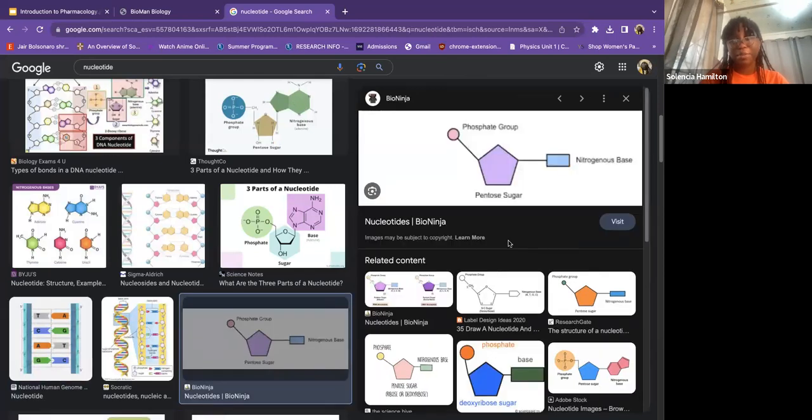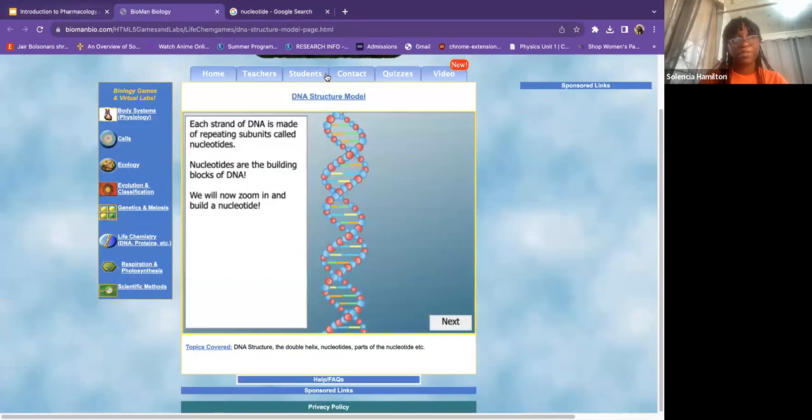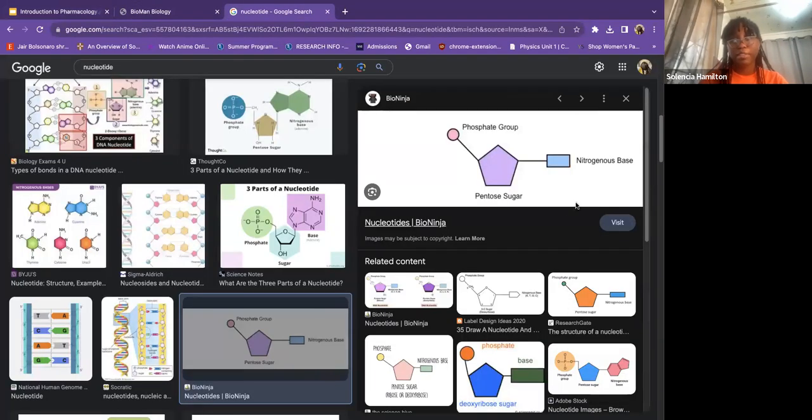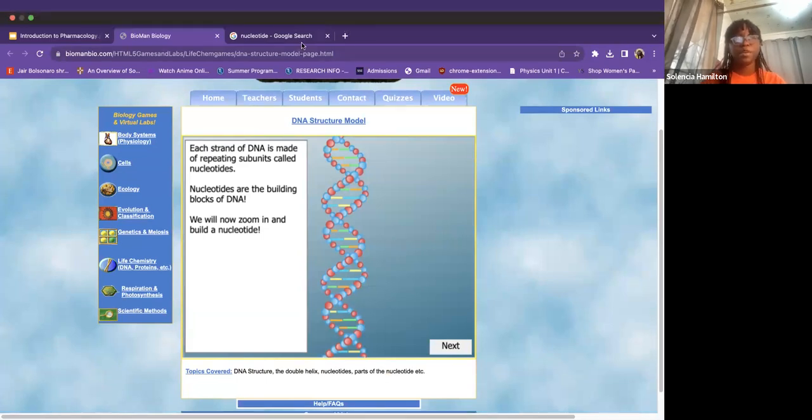Oh, this one is even better. So this is what they mean by a nucleotide, just for reference. So they're made up of repeating units of molecules like this. So nucleotides are the building blocks of DNA because they're made up, as I said, of repeating units of nucleotides.